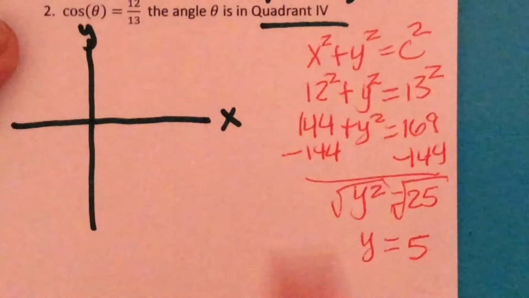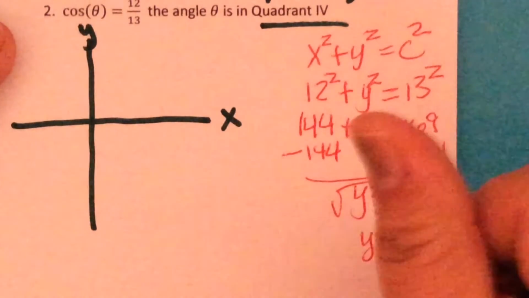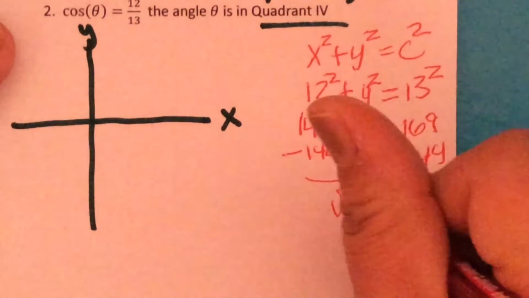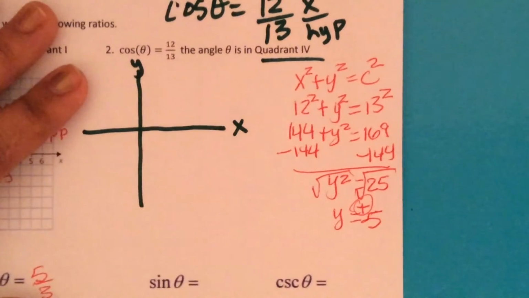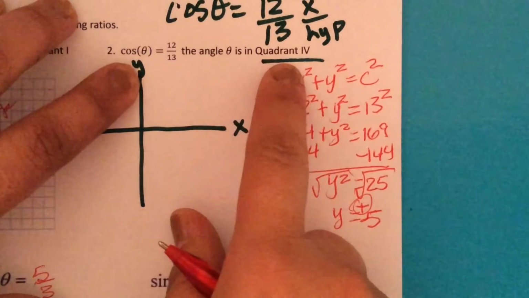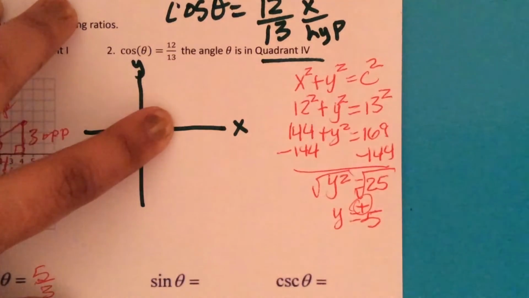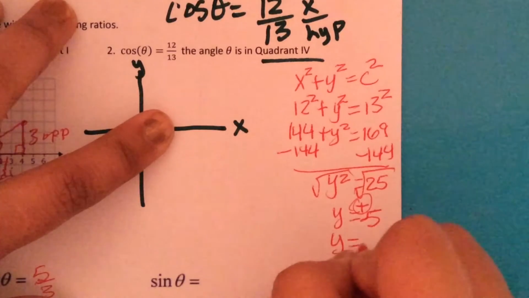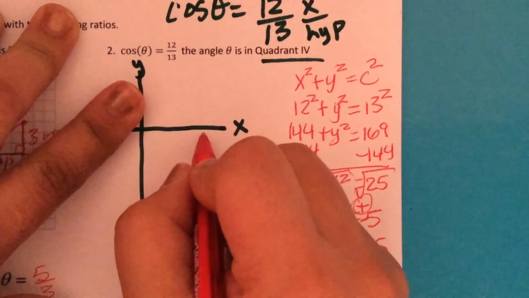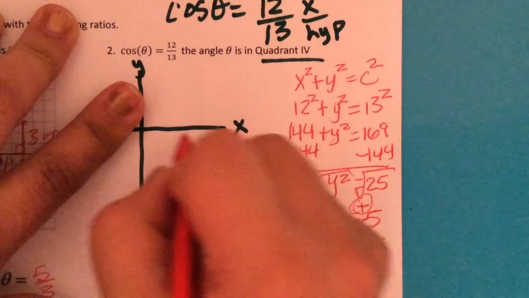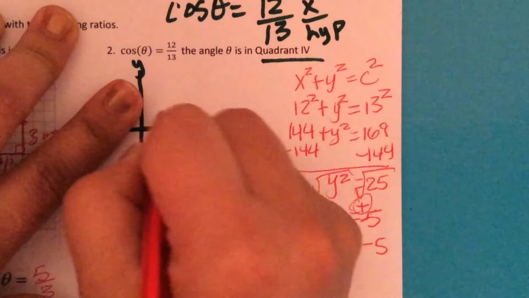However, when you take the square root, it's plus or minus really. But we've always been taking plus because we've been just talking about a random triangle. But this triangle is more specific. It's in quadrant 4. So Y is -5 because the Y value is negative in quadrant 4. So that means that this right here is 12.